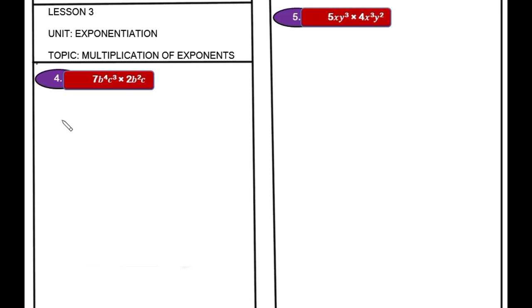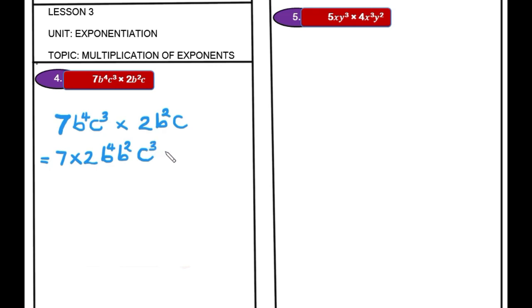Number 4, we have 7b to the power of 4 c cubed times 2b squared c. So this, we will first of all get 7 times 2, then we get b to the power of 4, then b squared, then c cubed, and c.